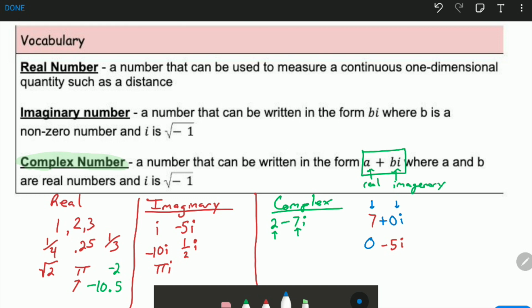So complex numbers consist of both the real numbers and the imaginary numbers and the combination of a real and an imaginary number. So any number that you can think of is a complex number. So when we solve quadratic equations, we'll be finding solutions over the complex number system, which includes both real numbers and imaginary numbers and their combination here in Algebra 2.